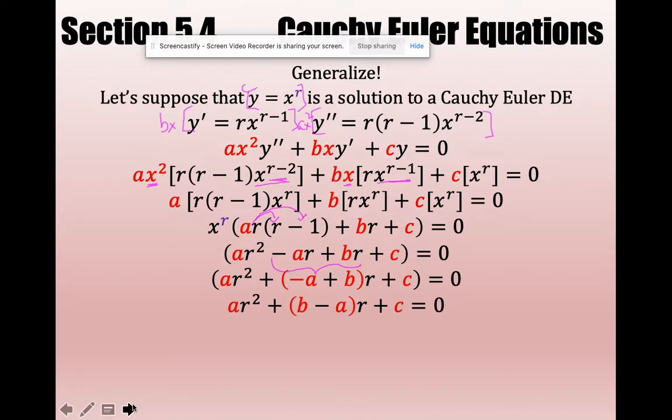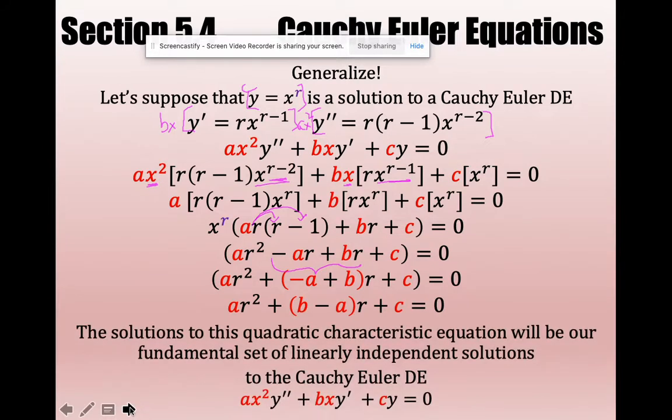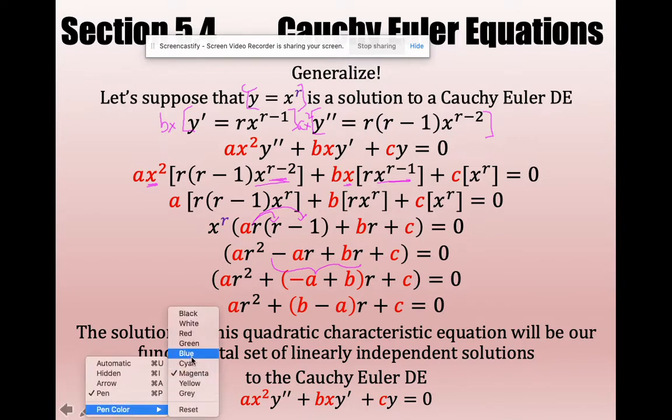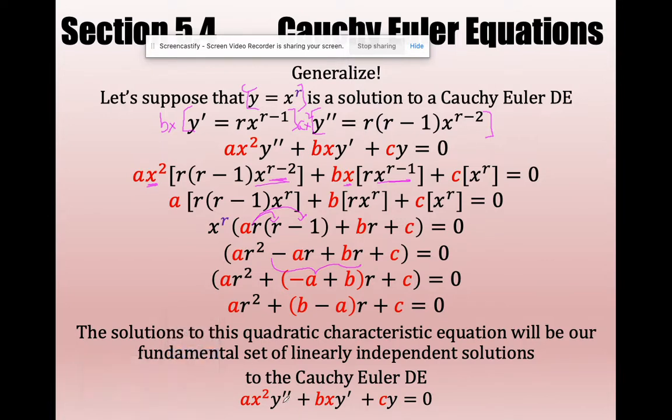This, kids, is a characteristic equation. This right here is the characteristic equation to get our fundamental set of linearly independent solutions to the Cauchy Euler.